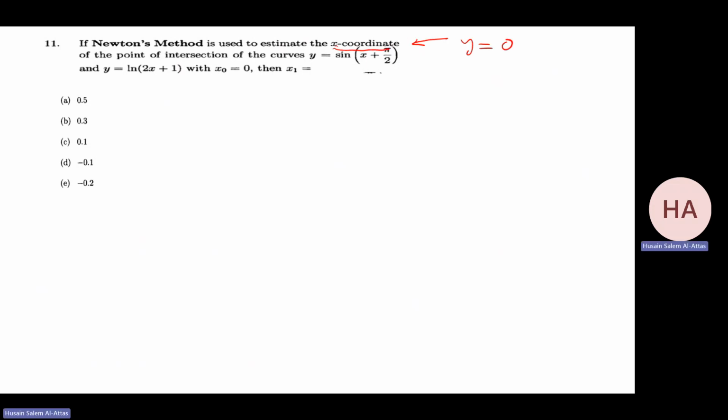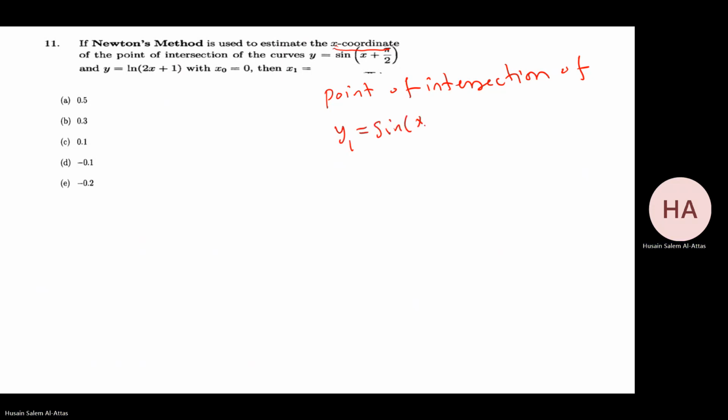It means y equals 0, of the point of intersection they want, the point of intersection of these functions, y1 sine x plus y over 2 and y2 ln 2x plus 1. Point of intersection means I want them to be equal to each other.